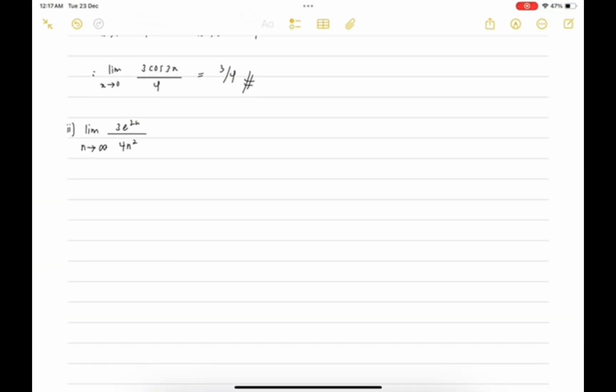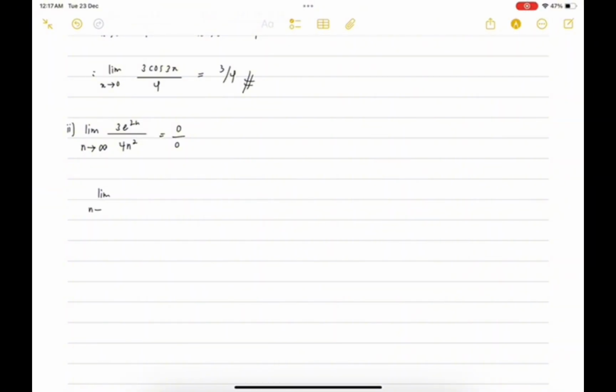And for the second Roman, we use the same term. We can see here that when we substitute infinity, we get 0 over 0.